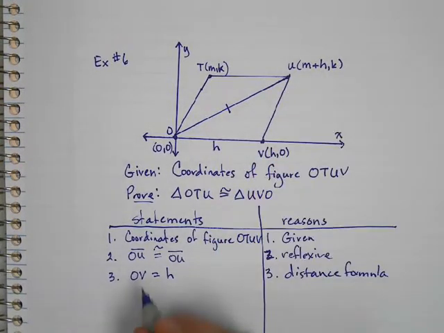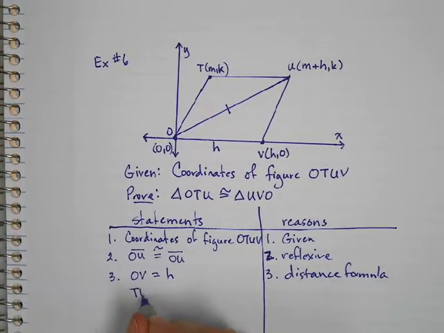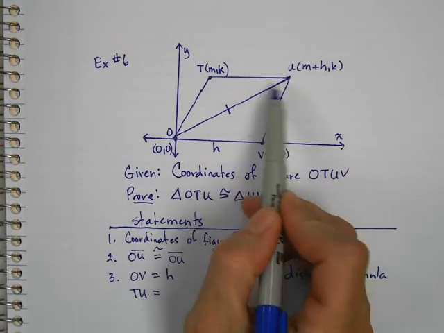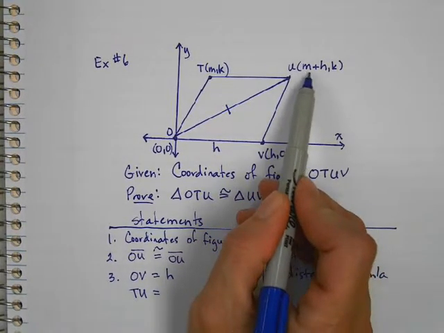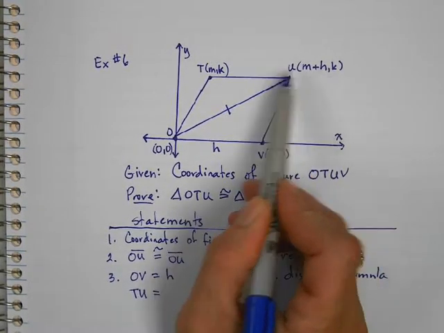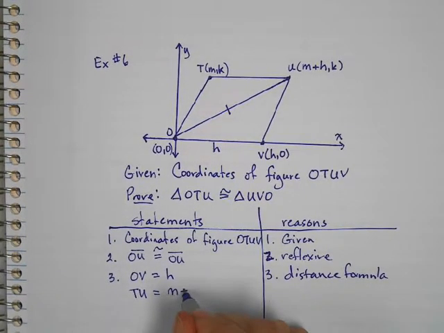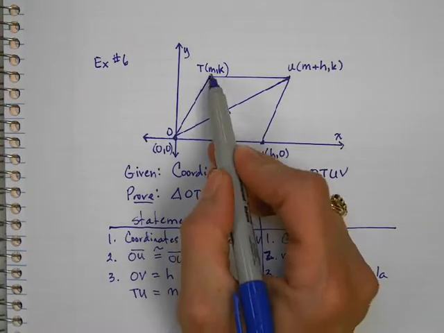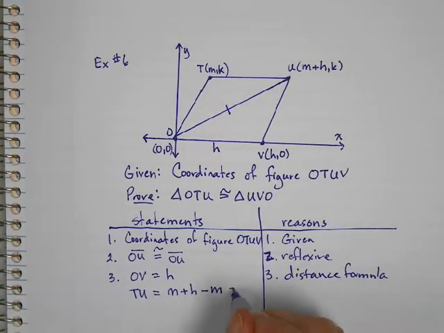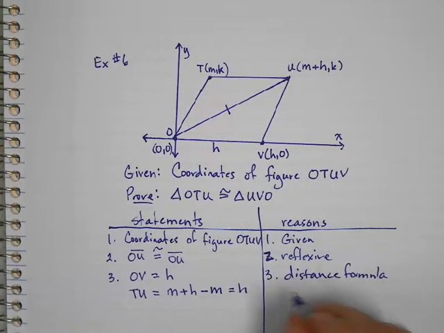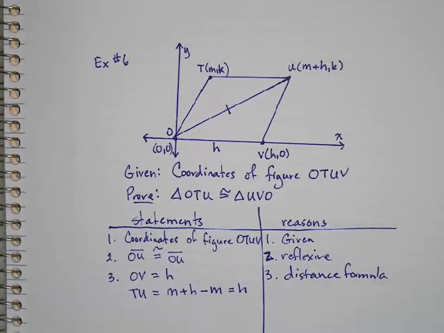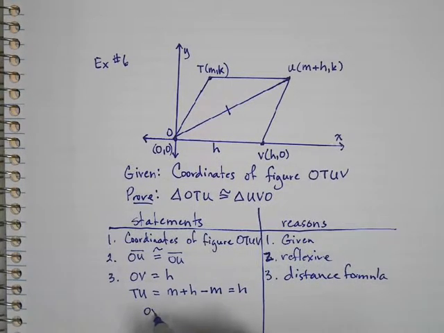Now we do need to find the distance of TU. Again, since it's horizontal, all I have to do is take this M plus H and subtract the M here. So M plus H, subtract this M, and that is going to be H. So what I've shown here is that OV is congruent to TU.